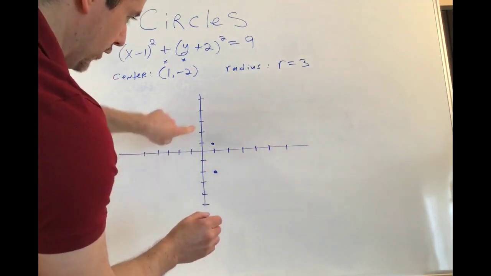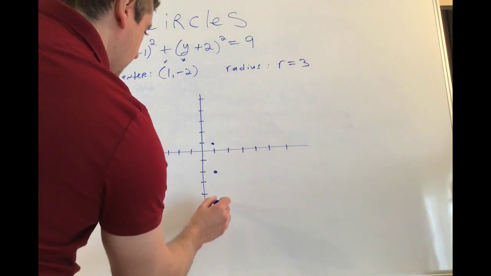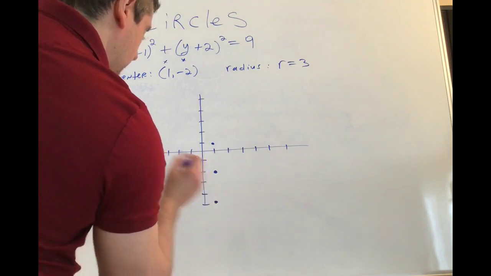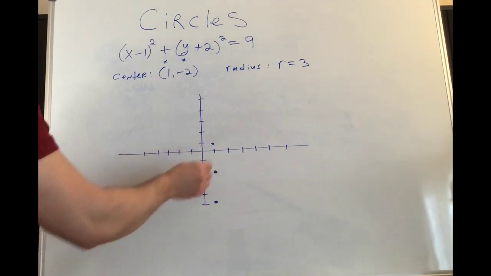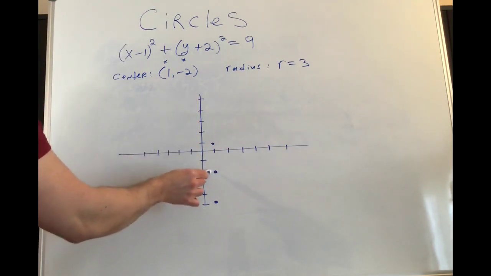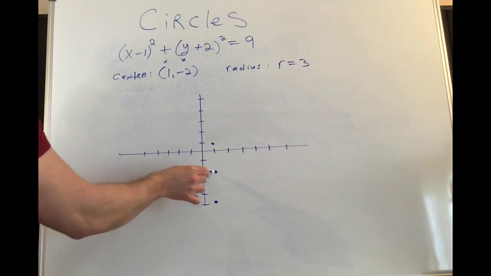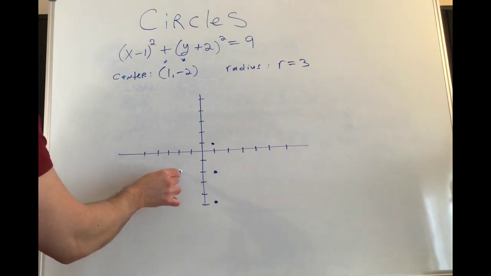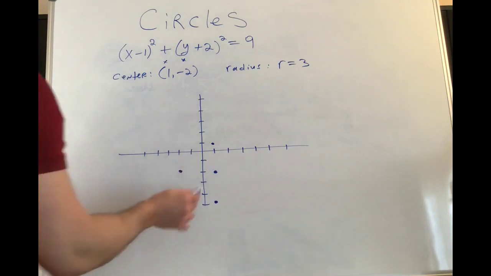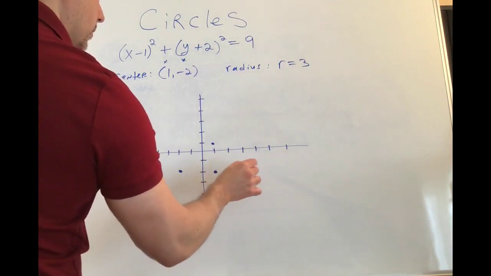These are spaced out further than those because I drew this by hand and I'm an imperfect being. So I went up 3, down 3. Now I'm going to go left 3 and then right 3. Again, this counts as 1. You can't skip this and go 1, 1, 2, 3. So right about there. Now I'm going to go right 3. 1, 2, 3.